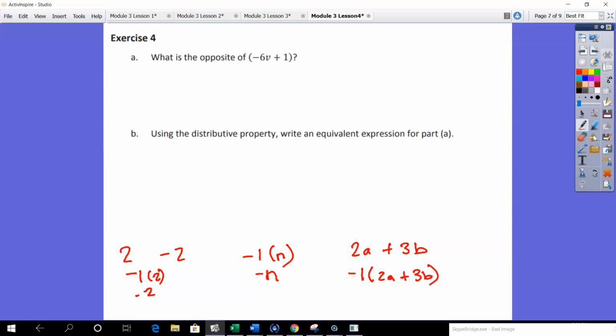That would be the opposite because we would have -1 is the opposite of these things together. Okay, or we could have a -2a plus 3b. So this is the same as having a -1 on the outside. You're distributing that negative sign to both things.